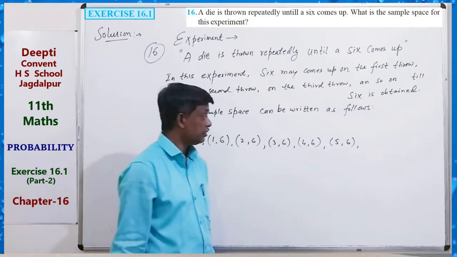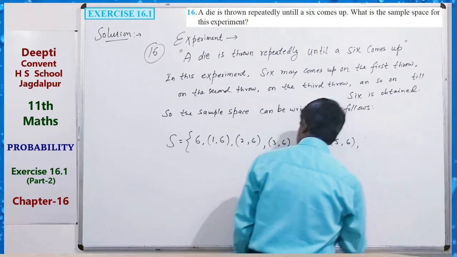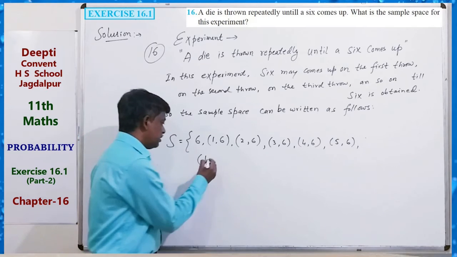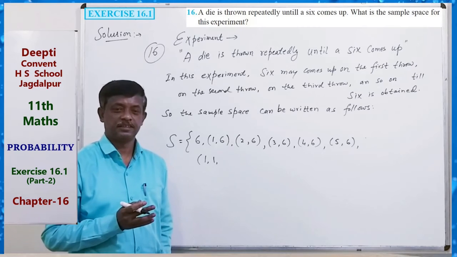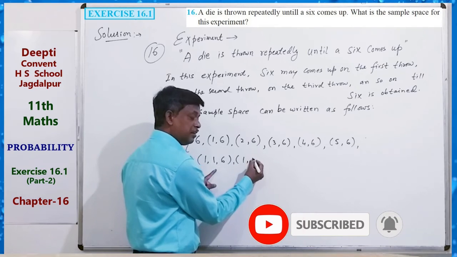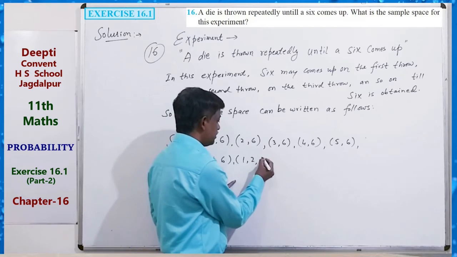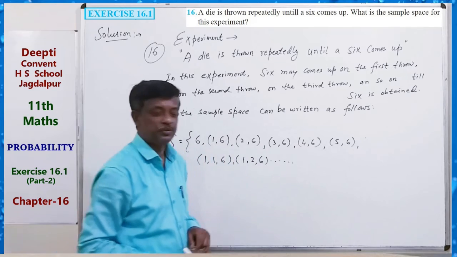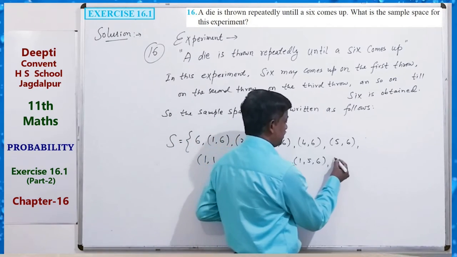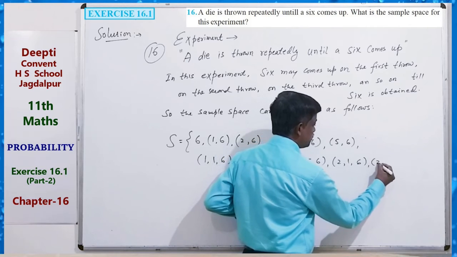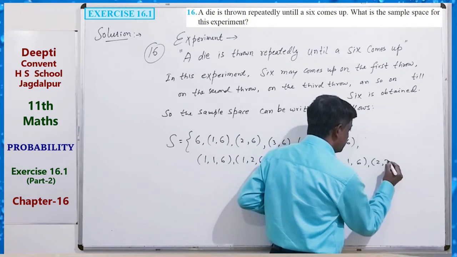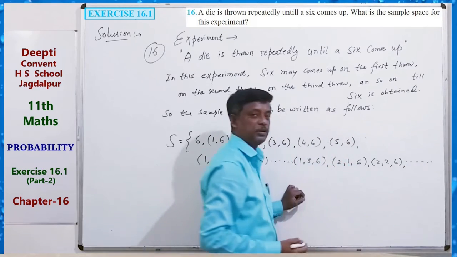And now after this our sample points will be first 1 and second also 1, not 6: 1, 1, 6, and 1, 2, 6, and so on up to 1, 5, 6.